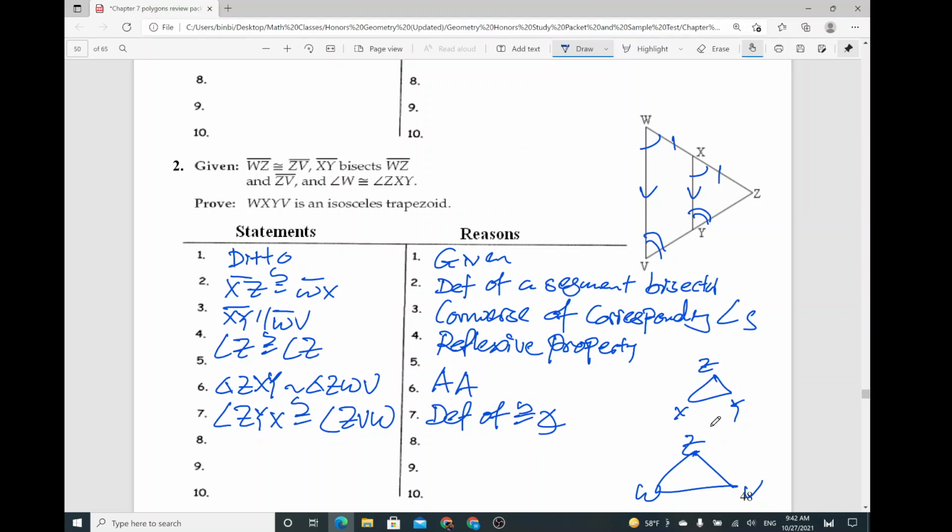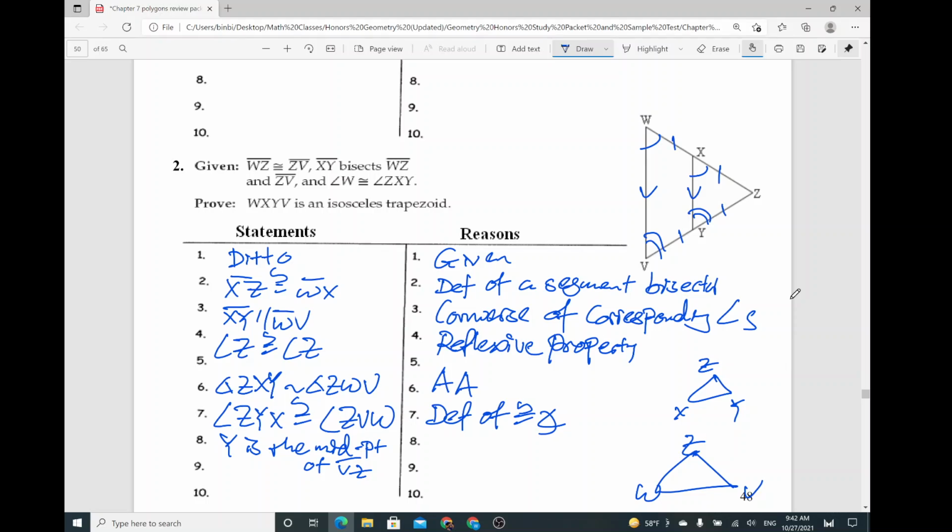Once we've been able to show that, we can also say that Y is the midpoint of segment VZ. And the reason why we know is because this one is considered the similar proportionality, or the same kind of proportionality.